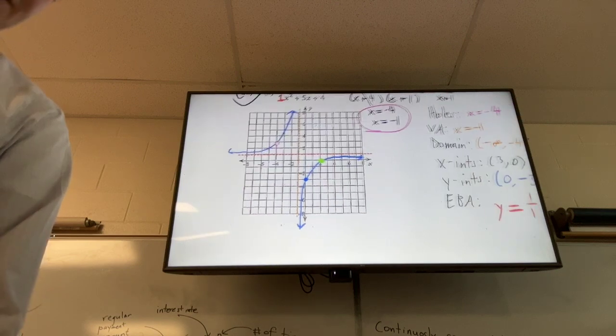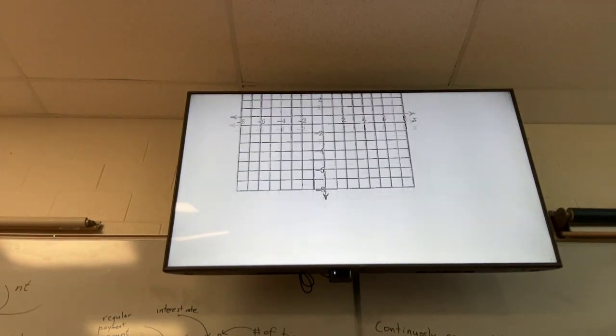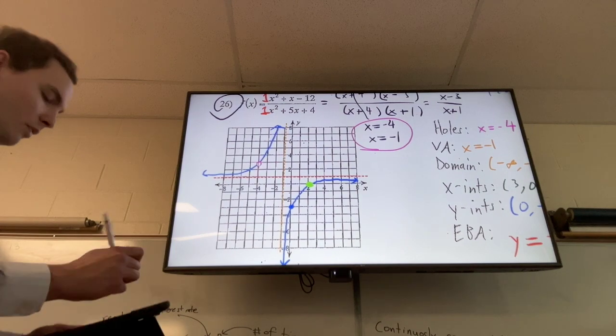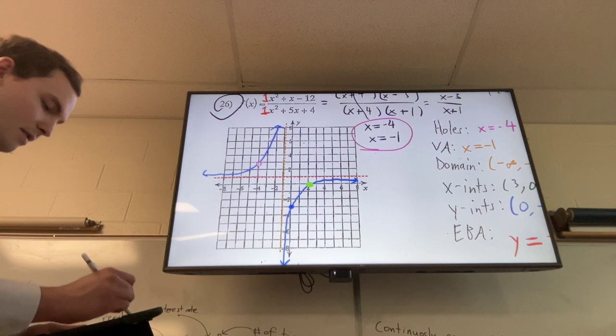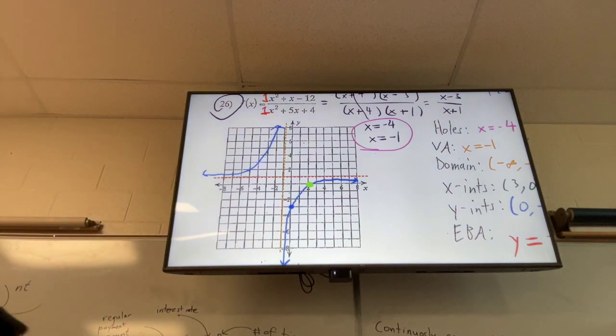All right, so the only difference from the ones we did in the previous class was we had a hole in this one, okay? So the hole was at x equals negative 4. One thing I want to say: when you graph this in your calculator and you're done drawing the graph, you'll see something like that.